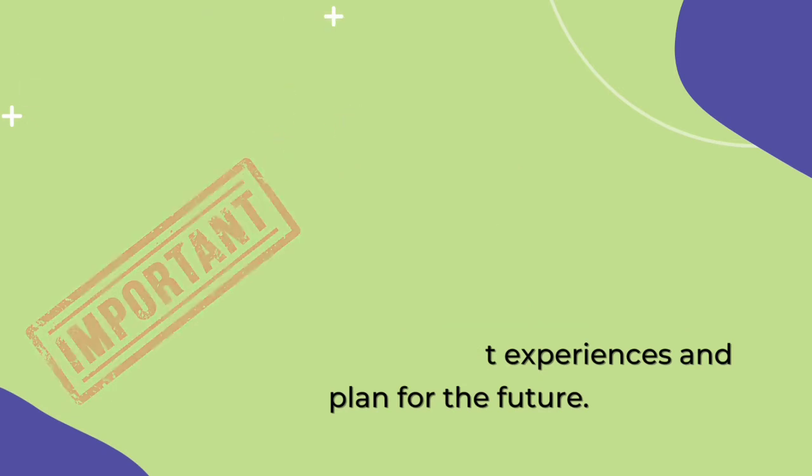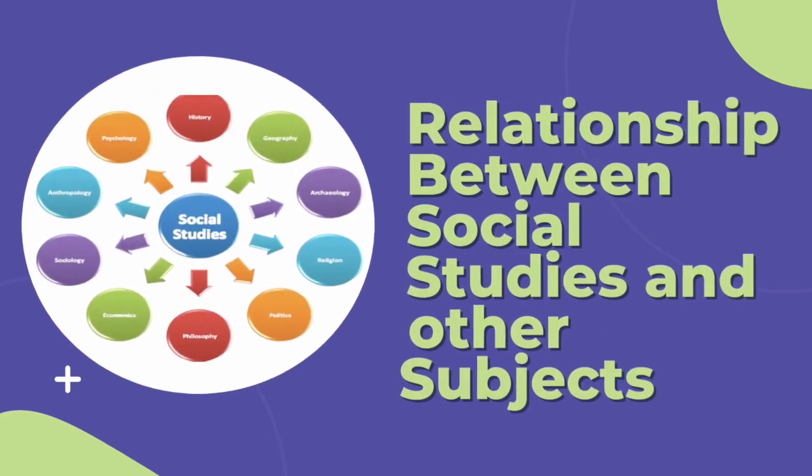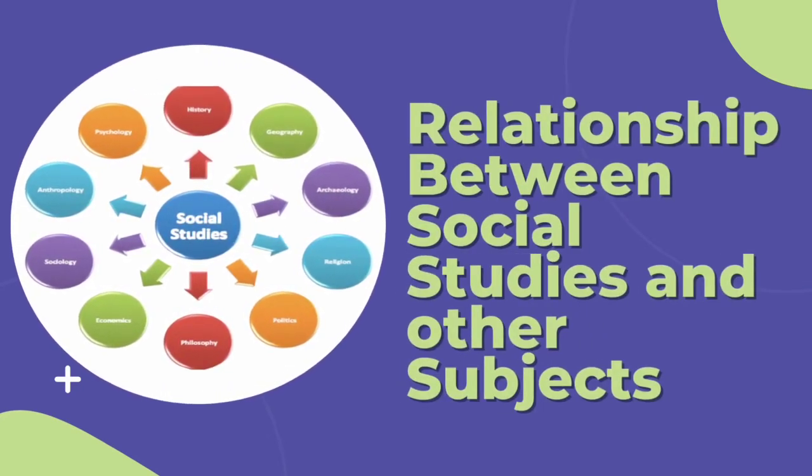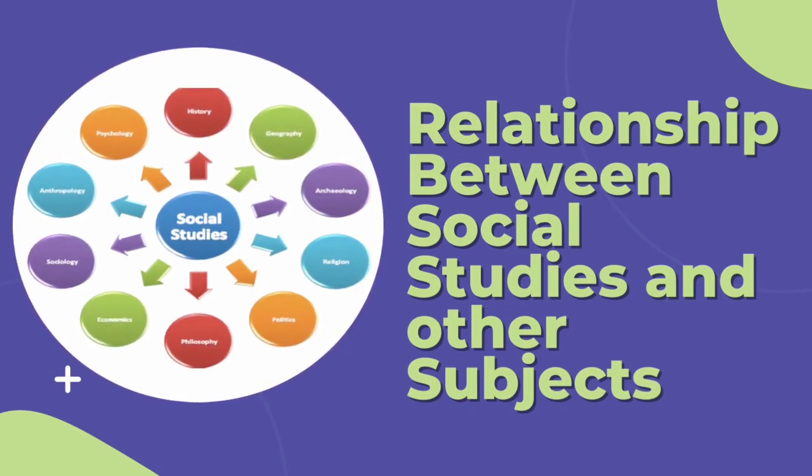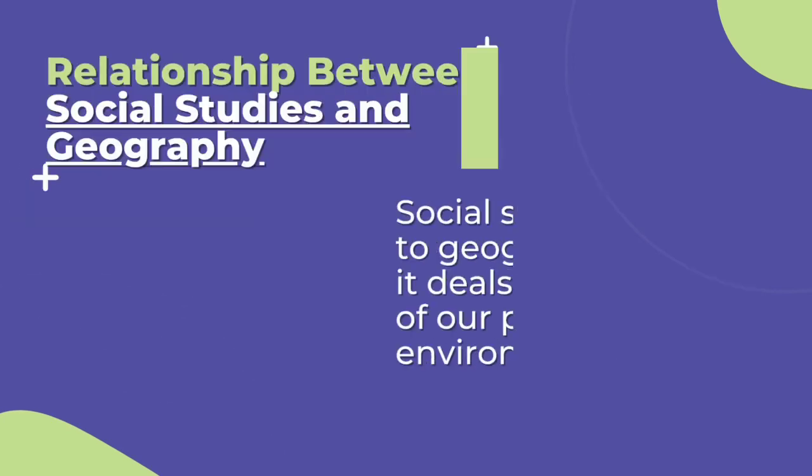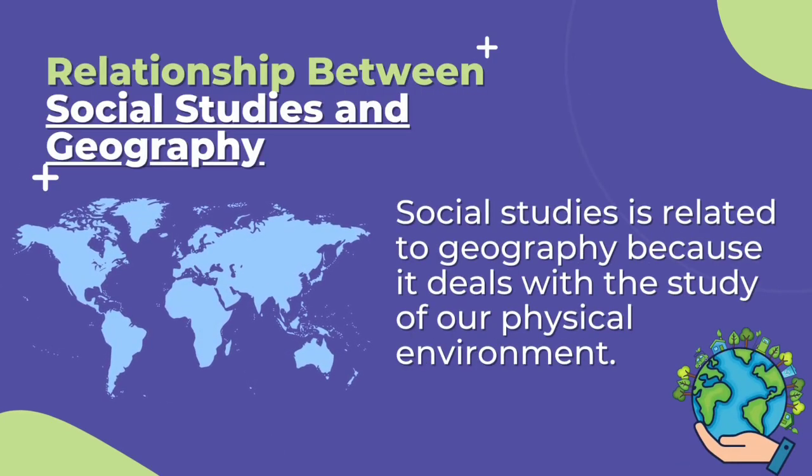Now, social studies is the mother of modern social science, and the reason is because of its relationship with other subjects. So let's look at the relationship between social studies and other subjects. First, we look at the relationship between social studies and geography.